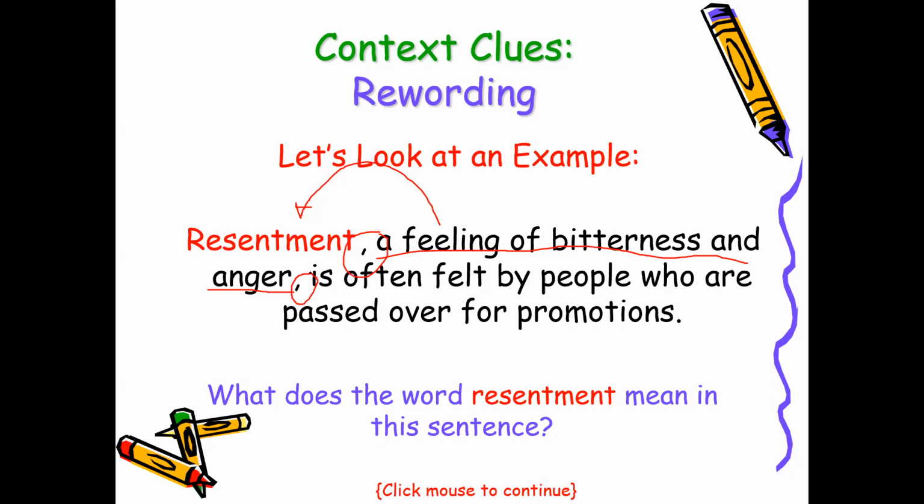So what we see here is some extra information to tell us the meaning of resentment. And so the sentence can perfectly read, resentment is often felt by people who are passed over for promotions. But sometimes writers will make it much easier for us to understand the meaning of resentment. Okay?